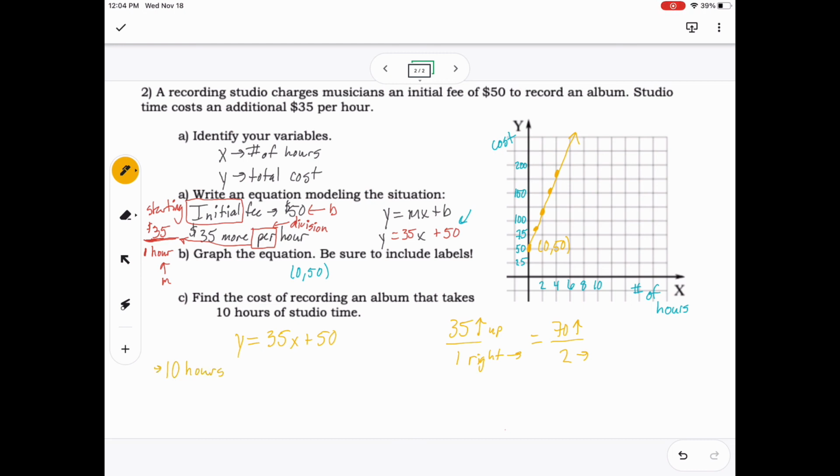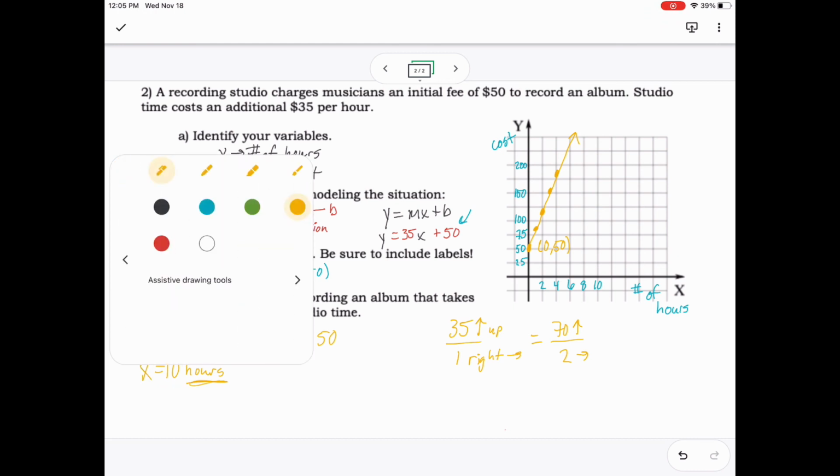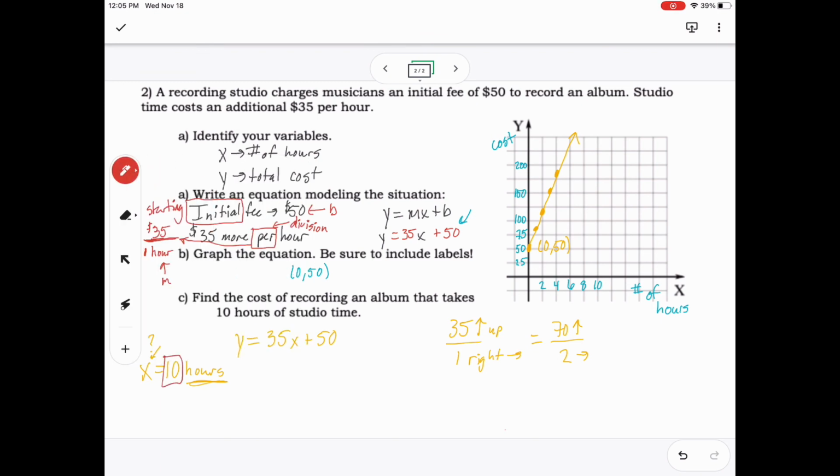Do you know what variable that would go to? Okay, what is its label? Hours. Where have I put hours before? Ooh, it looks like if I'm looking at my variables, I said hours was with X. And this is a number of hours, right? So this must mean X. So then that would suggest that if this is 10 hours and it goes with X, I would put it in for X to help me solve.